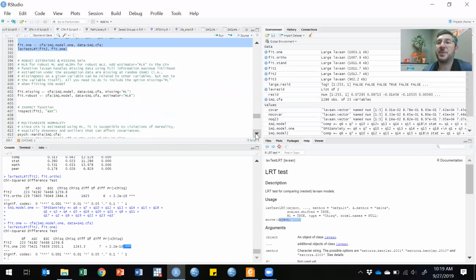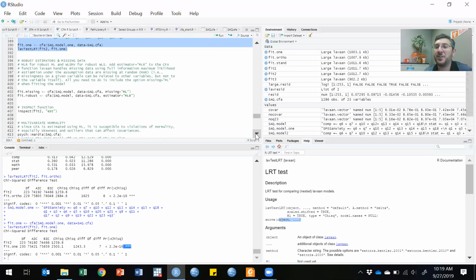Lavaan also has some really nice features for robust estimation and for missing data. You can get robust maximum likelihood estimation, which gives you Huber-White standard errors that adjust for some types of model misspecification.